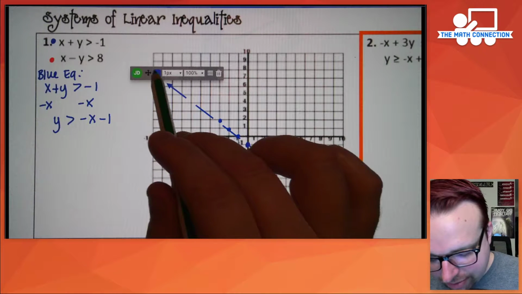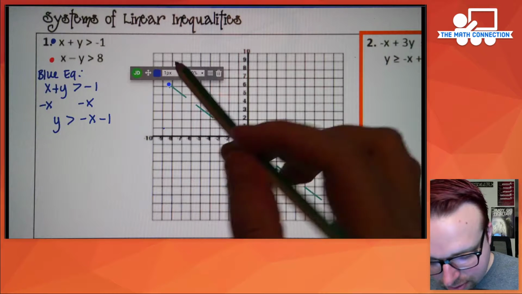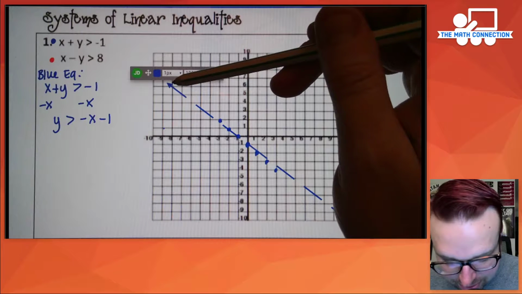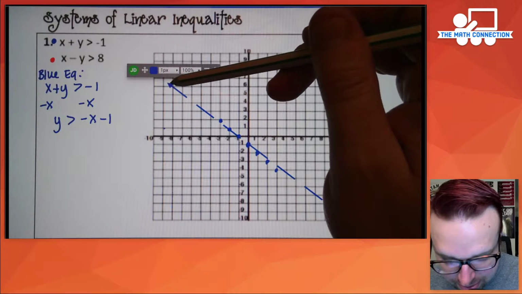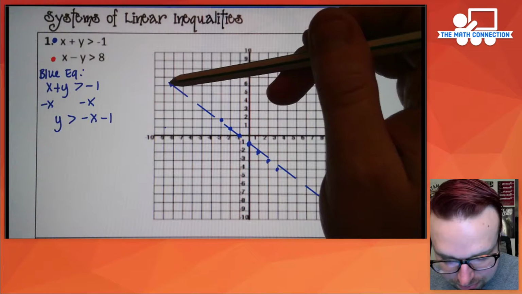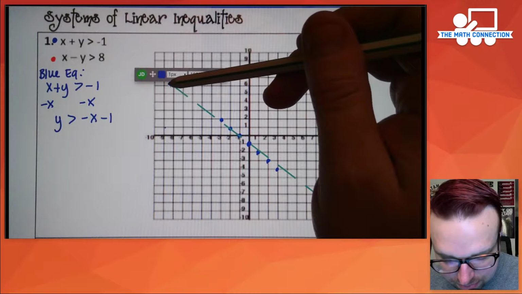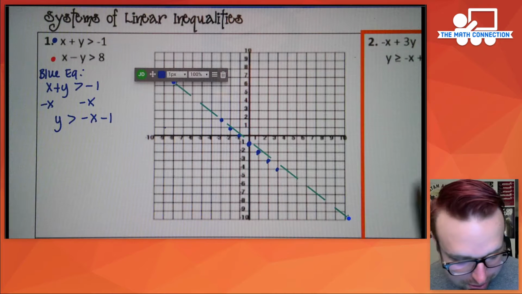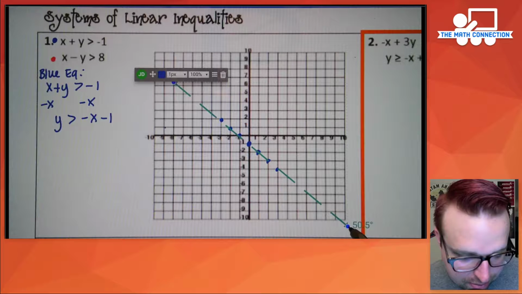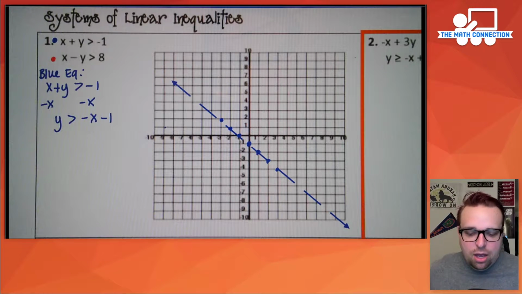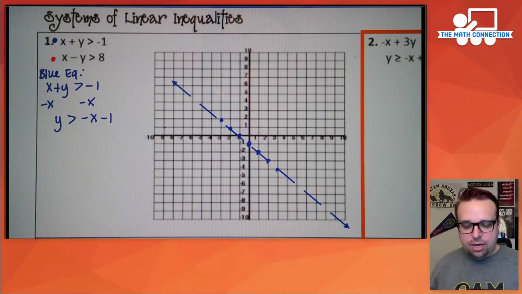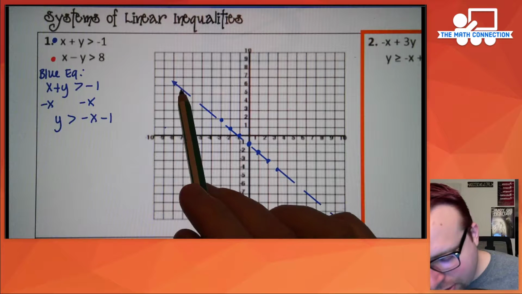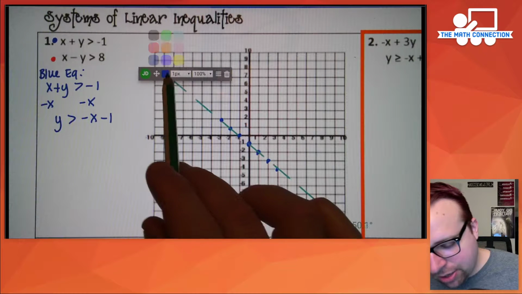And second of all, this side needs to be angled up a little bit better, and this one needs to be angled down a little better. Okay, that's a lot better. Oh, actually it's not, because that needs to go all the way, otherwise I'm not going to know where to shade.